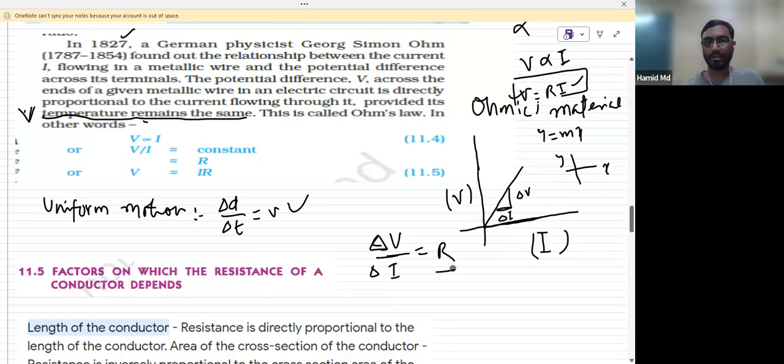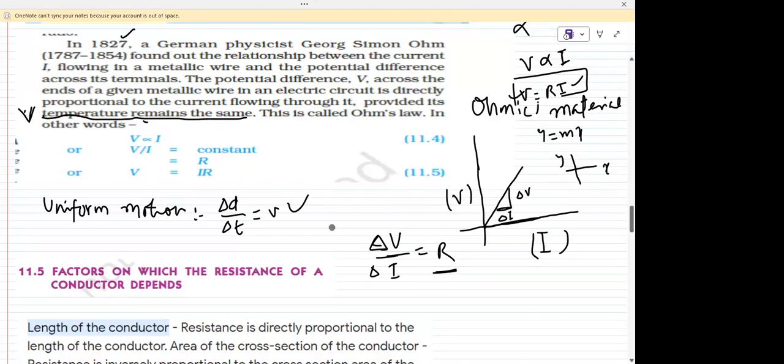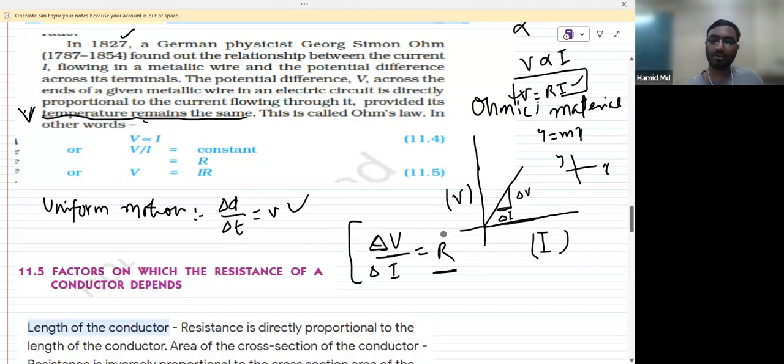So what is this R? This is also constant, right? Yes. If you take the ratio of these two along this path, you will always get a constant value.